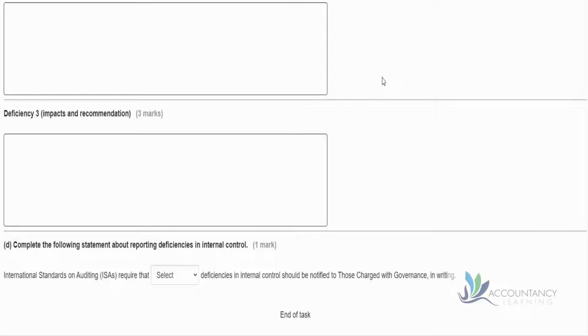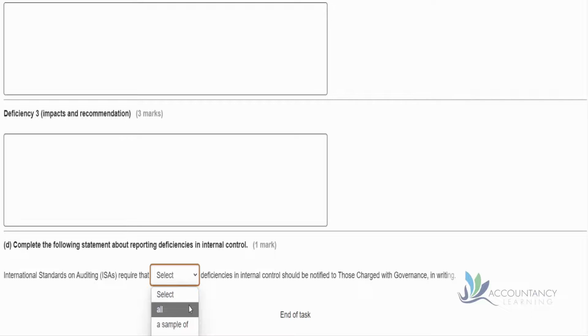And then finally, for part D, complete the following statement about reporting deficiencies in internal control. So international standards on auditing require that deficiencies in internal control should be notified to those charged with governance in writing. So let's look at the choices here. So should we tell them about all deficiencies? Well, that's probably a bit over the top, isn't it?